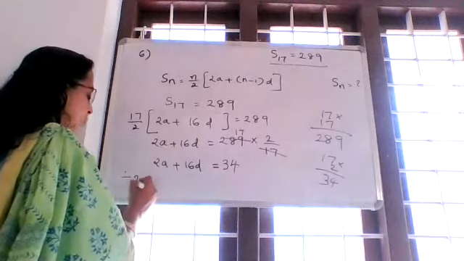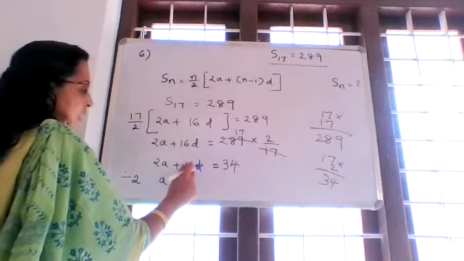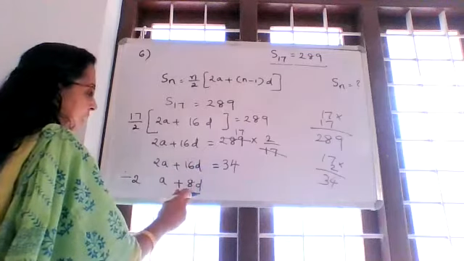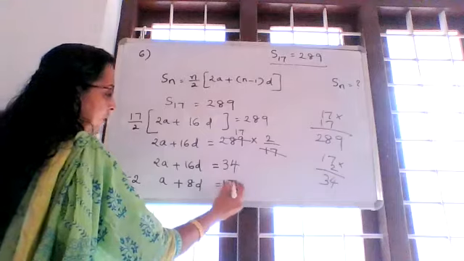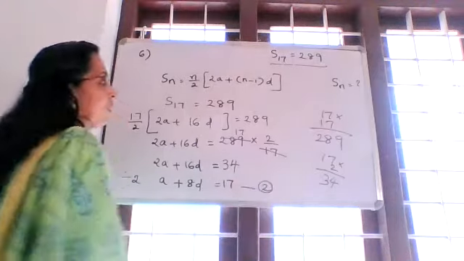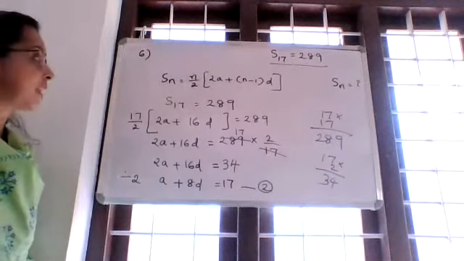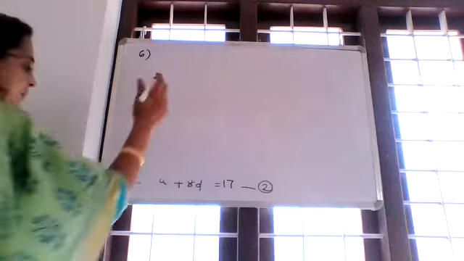Dividing through by 2, we get a plus 8d is equal to 17. Let it be equation number 2. We have equation number 1, so solve equations 1 and 2.